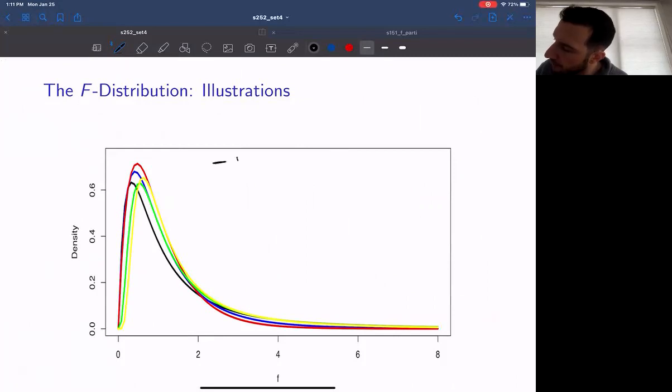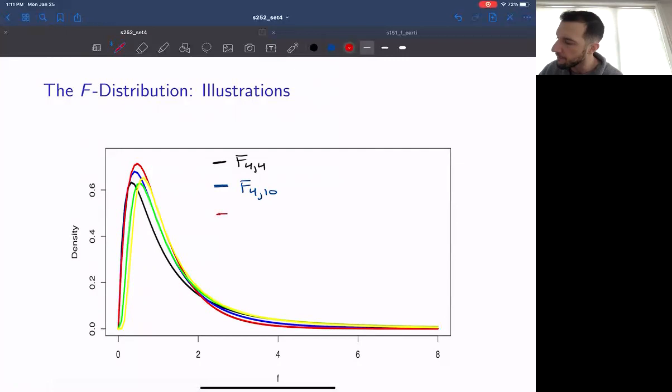Okay, so the black curve, which is kind of hidden in the back there, has 4 degrees of freedom for both the first and the second value. The blue curve is an F on 4 and 10. So you can see that as the second degree of freedom increases, the peak goes up from the reference.